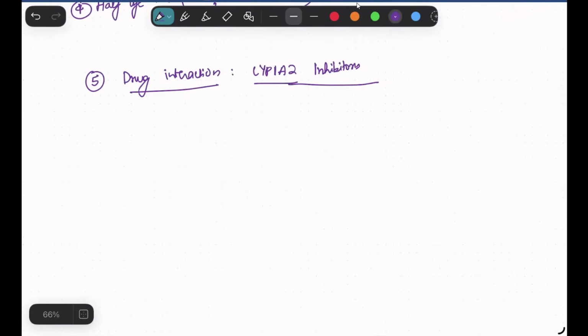So strong CYP1A2 inhibition can increase the clozapine level. And what do we need to do? We need to decrease the dose.